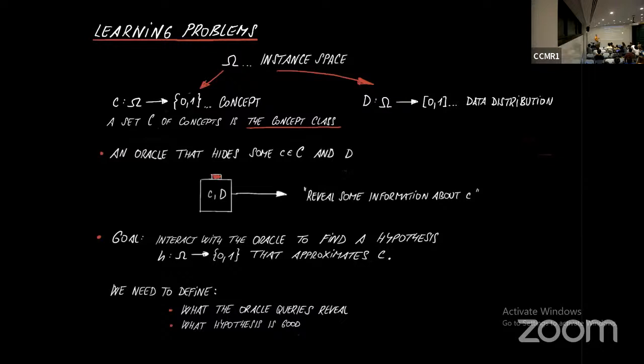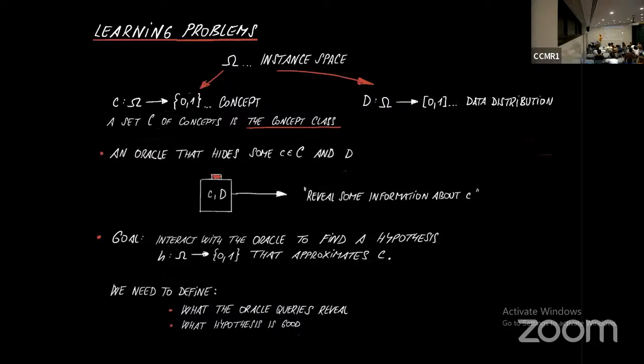To be more concrete, if you want to classify handwritten digits, your instance space may be grayscale images of handwritten digits. And a concept could be the set of all handwritten digits 8. All right. And then the game you play here is that you have an oracle that takes a concept from the concept class, hides it from you, and it has a big button.